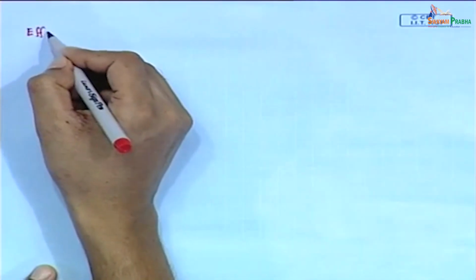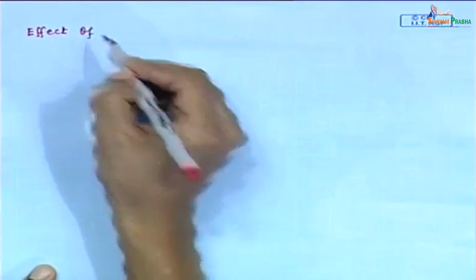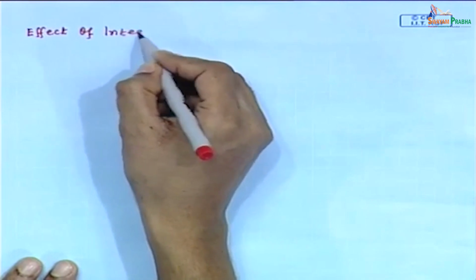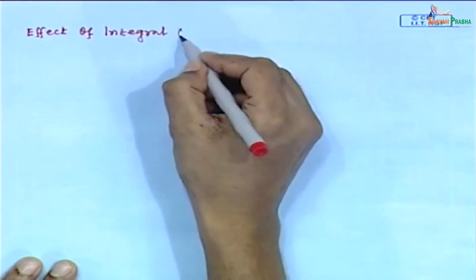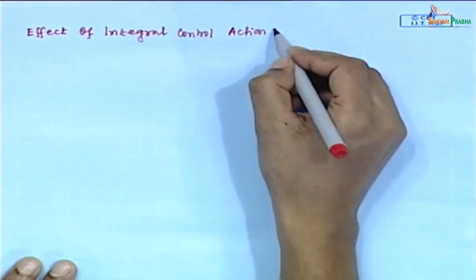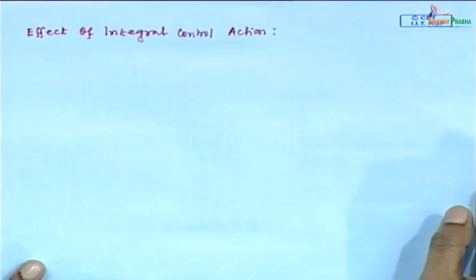In the next, we will discuss the effect of integral control action. So far, we discussed the effect of proportional action on the overall response of a process. Next topic is the effect of integral control action, and we will consider the servo problem only.